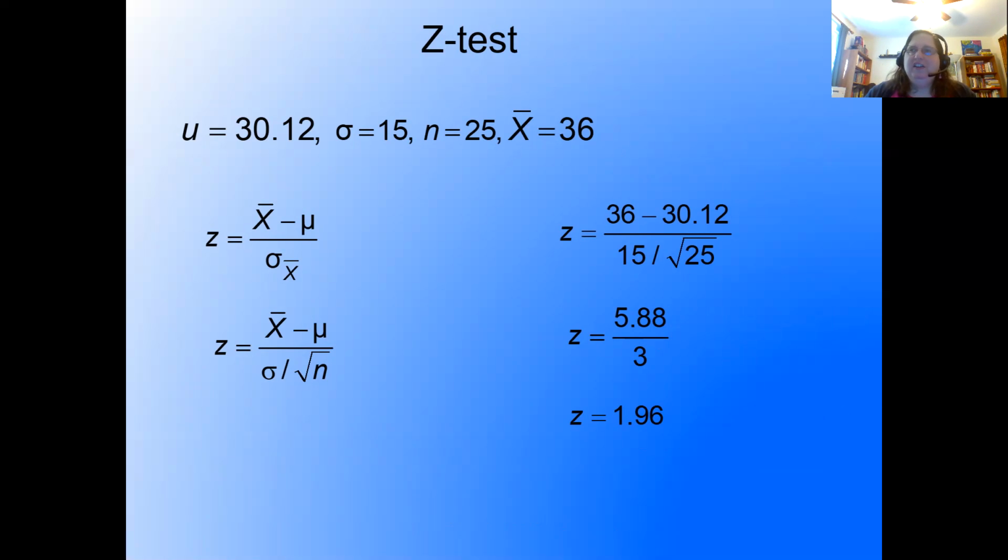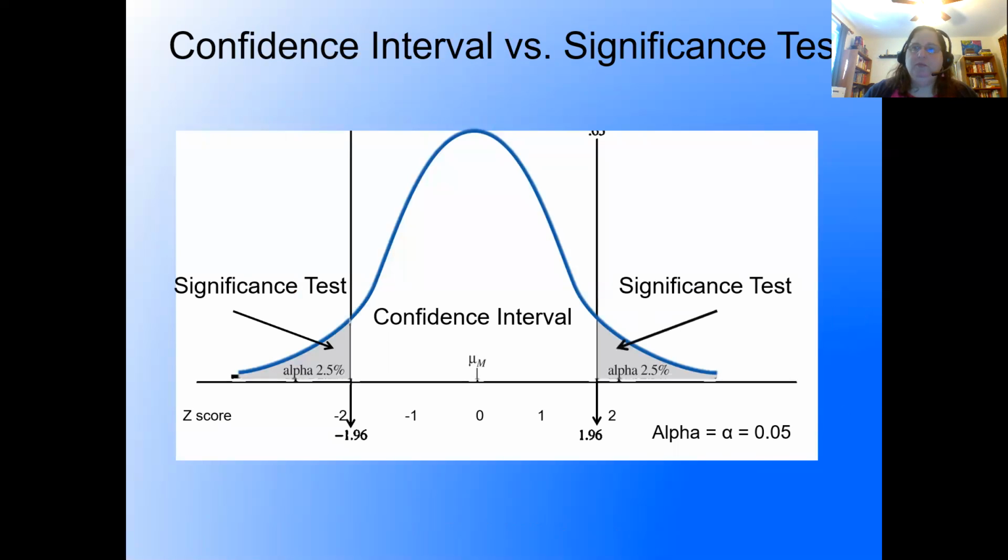Once again, we have to be greater than 1.96 to reject. We have to be in this gray region. We're not. Our mean for our group falls right here, right on the edge. And so we cannot reject. Same conclusion as with the confidence interval.